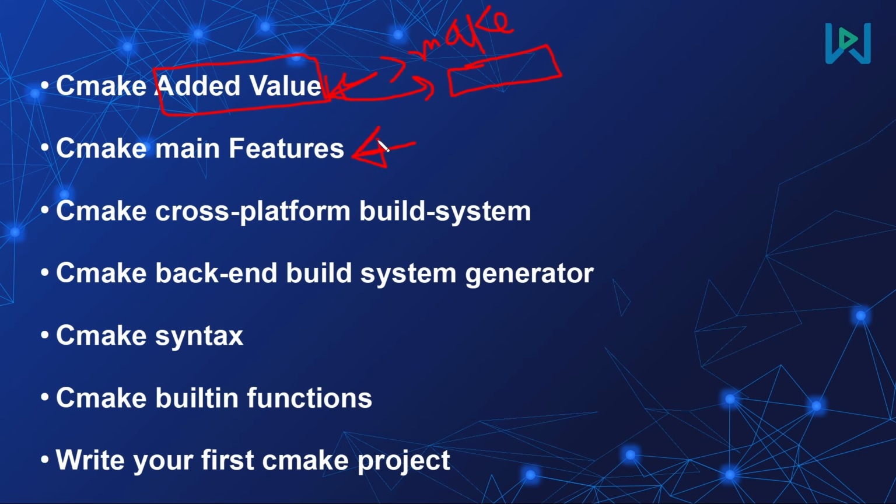We'll go through the main features supported by CMake, like cross-platform support, multiple toolchain handling, and so on. We will see those features one by one, like the support of cross-platform compilation and building, and the ability to use CMake to generate a complete backend makefiles or Ninja build system.